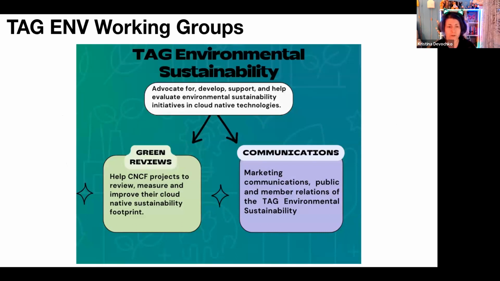The first group that we have created is called Green Reviews, and what this working group focuses on is mainly to develop and implement a framework, a reusable workflow that can be used in order to assess the sustainability posture of the different projects that are part of the CNCF landscape.